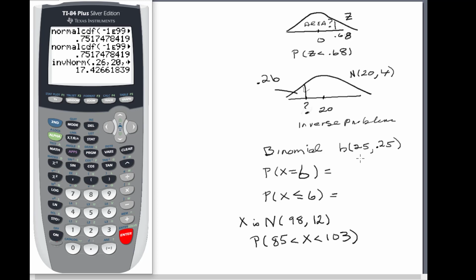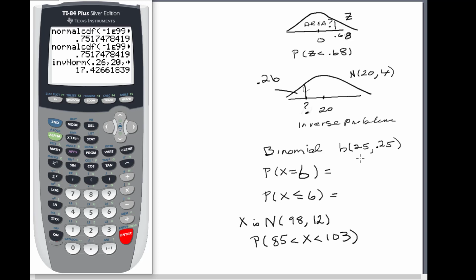So this would be a binomial that would be appropriate if we were taking an exam of 25 questions. Each question has 4 responses, and we have to answer purely by guessing. So the probability of getting a correct answer would be 0.25.